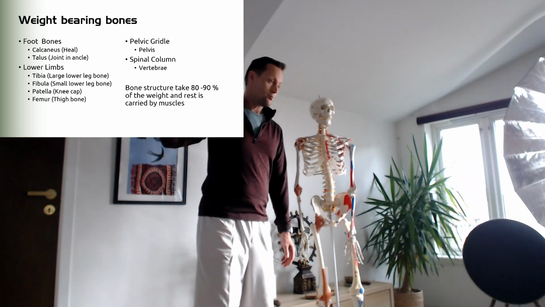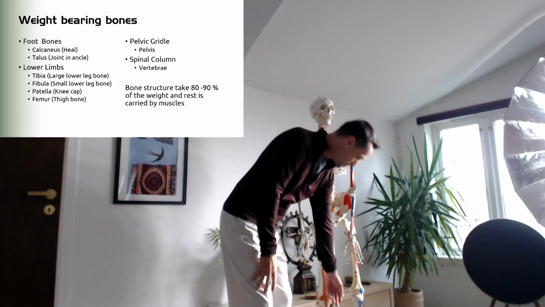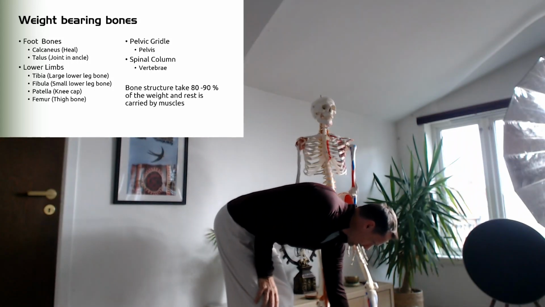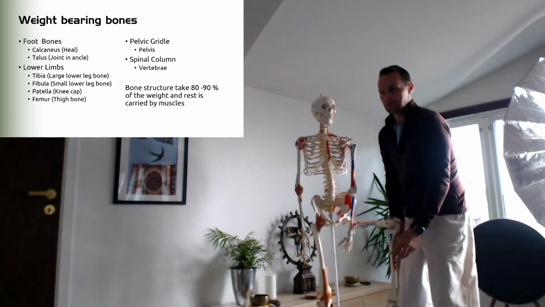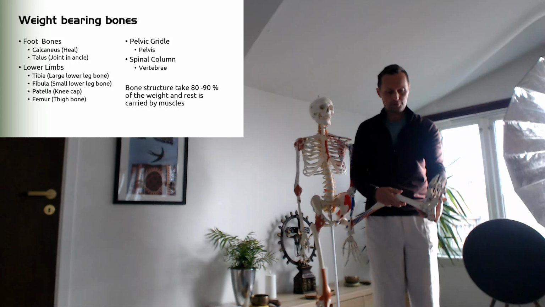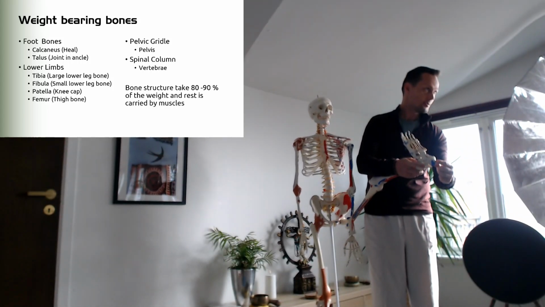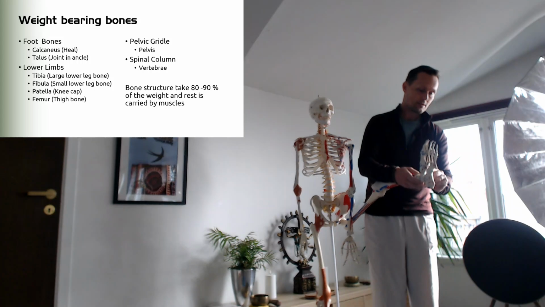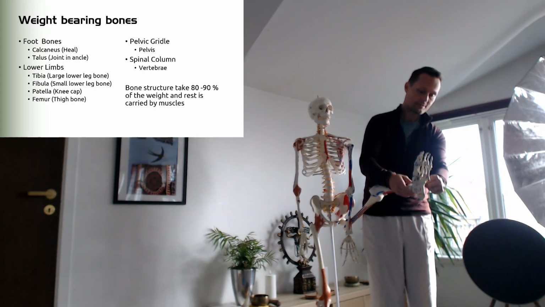That was supposed to come one by one, but okay. On the foot, we have mainly two. On the foot, we have the heel bone, which is weight bearing. And then we have the talus, which is sitting here.